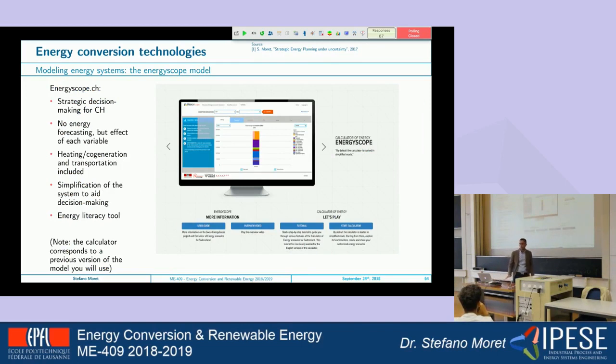And there is also a website that you can visit. It's called energyscope.ch. It's a model, a project that we started some years ago in the group of Francois. It's an energy calculator that we made in order to help citizens and politicians to evaluate the cost and emissions of the energy strategy they have. There you have some variables, and you can play with this calculator in order to design your optimal system.